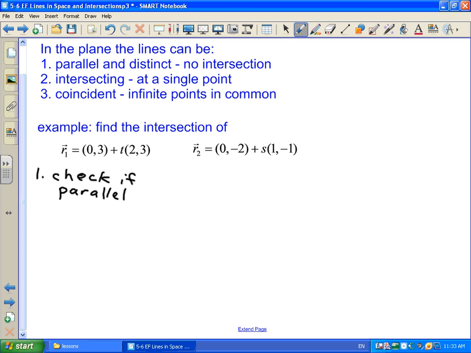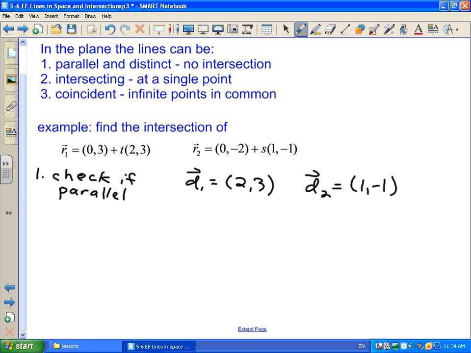What we want to look at are the direction vectors of our two lines. So for line 1, our direction vector is 2, 3. For line 2, our direction vector is 1, negative 1. And if these two lines are parallel, these direction vectors are going to be scalar multiples of each other.